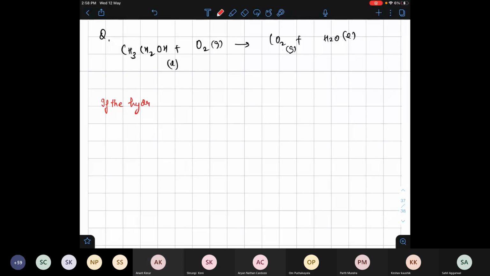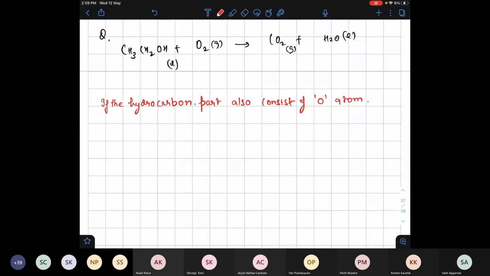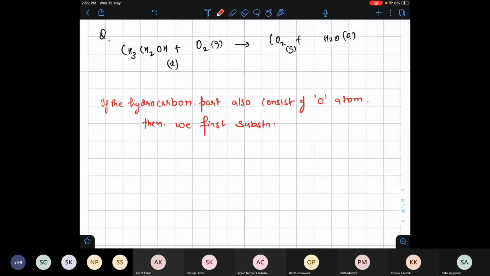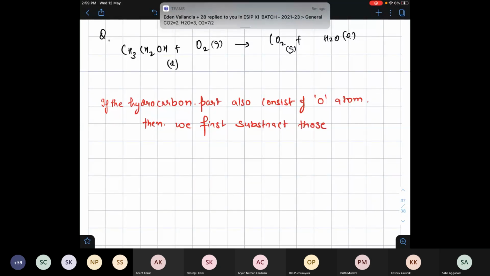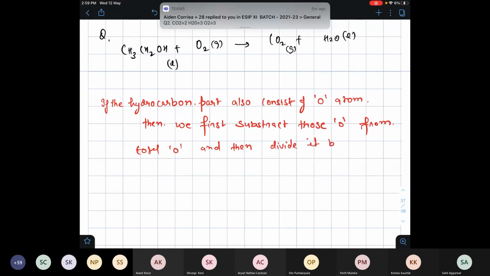If the hydrocarbon part also consists of oxygen atom, then we first subtract those oxygen from total oxygen and then divide it by 2.